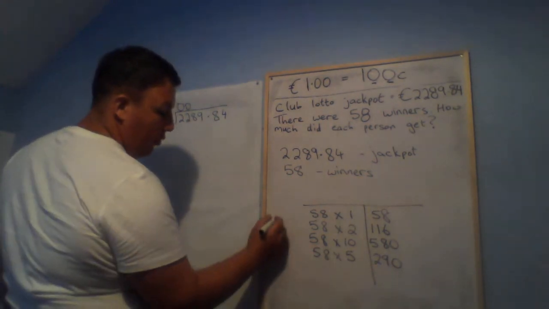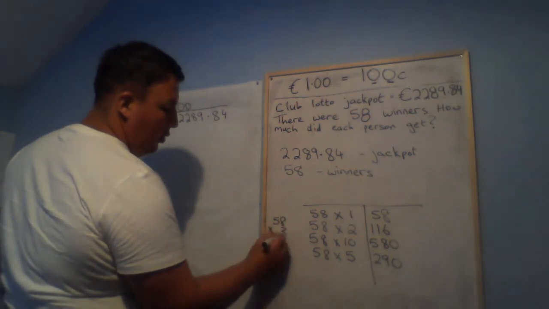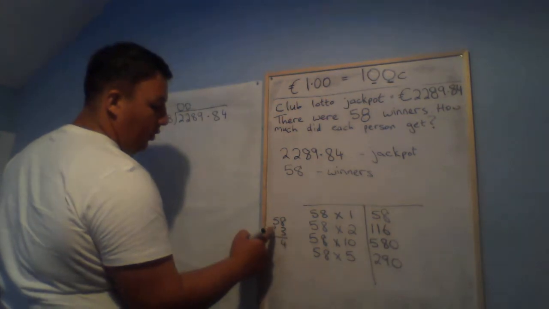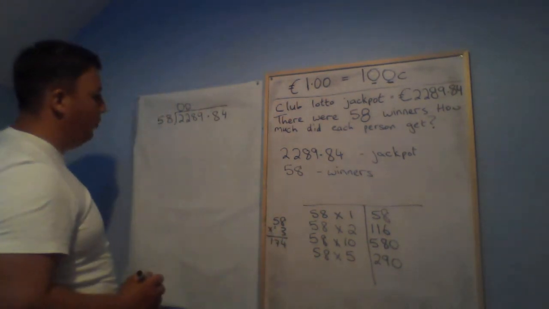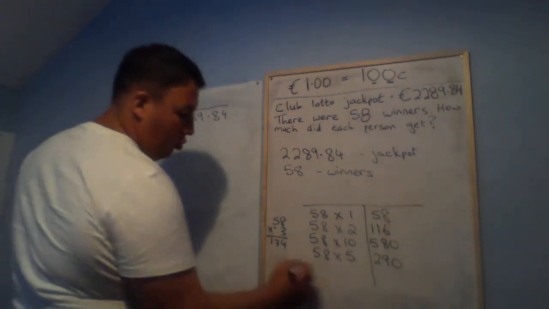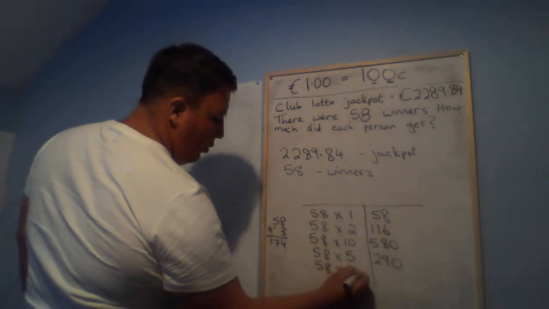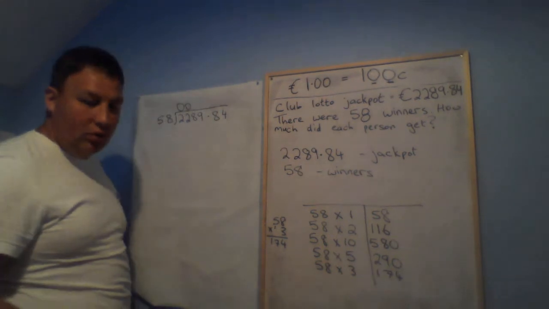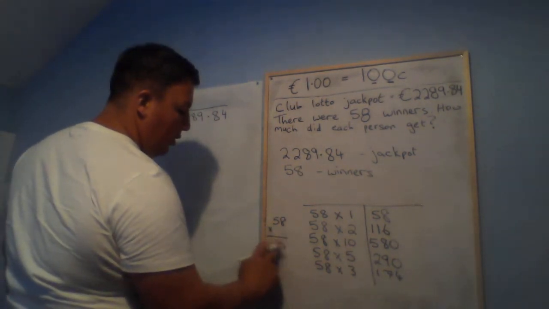So, to find out what 58 multiplied by 3 is, do it here. 3 8s are 24. 3 5s are 15, and 2 is 17. 174. I'm just going to multiply it by 4 as well, just to see in case.